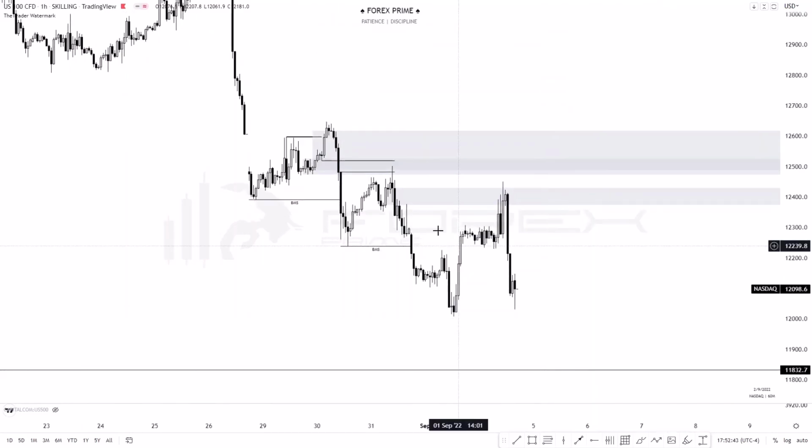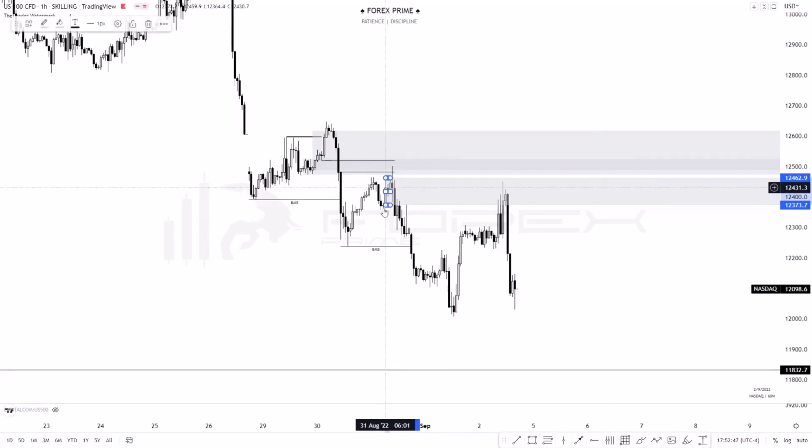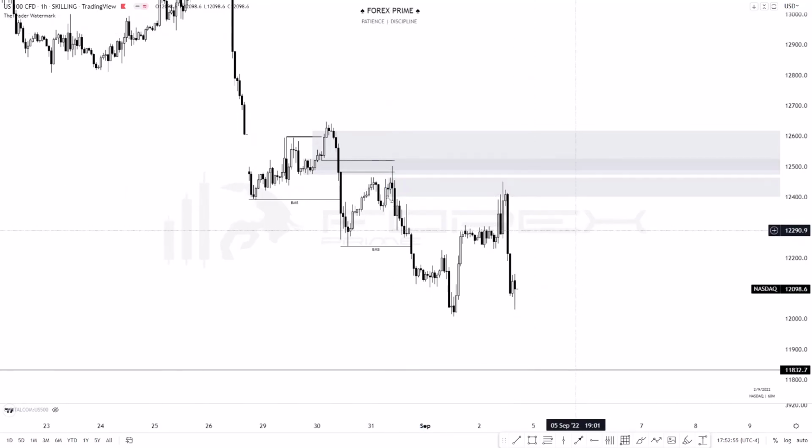So this is just the 1 hour. If we refine this price on the 1 hour, you can see that last up close candle there in the form of an order block, and price trading lower, leaving this sell side imbalance here.